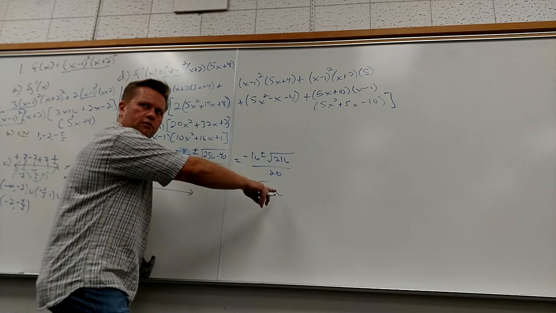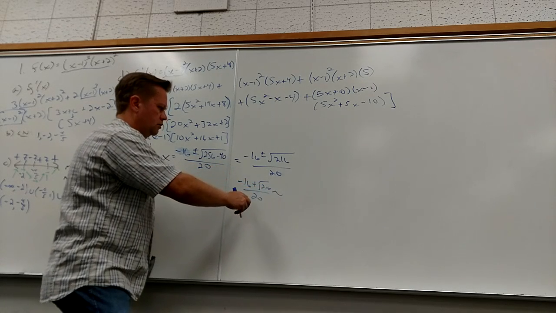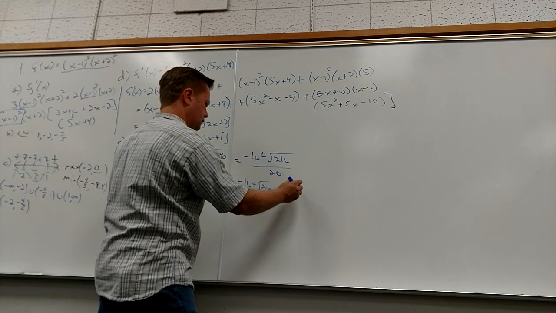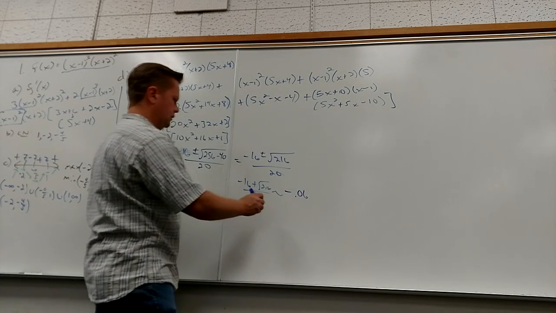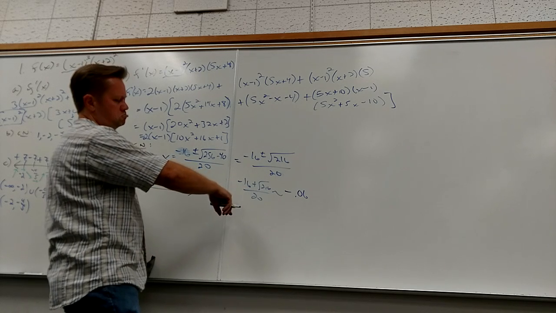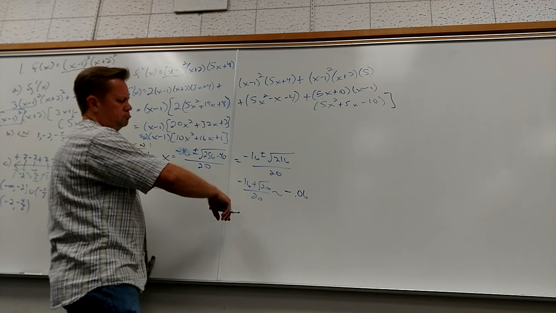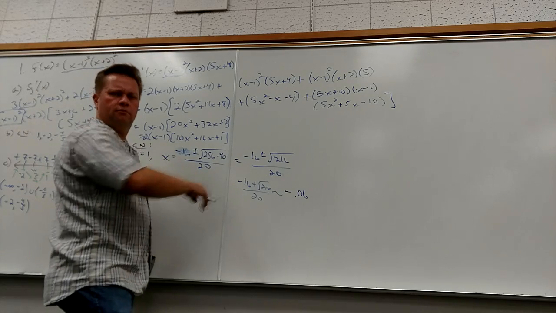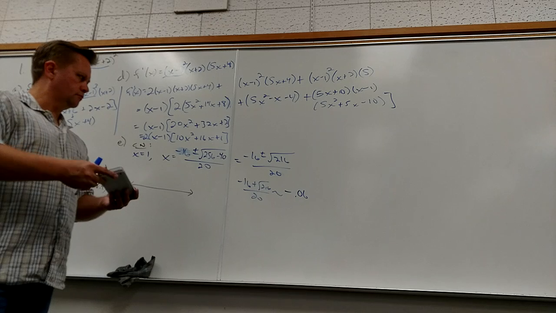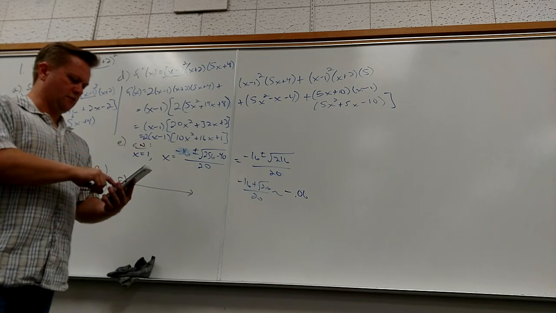What do you guys get? Negative 0.06? Does that make sense? Yeah, roughly. It seems like it should be a little bigger, or that's just a negative 1.5. Pick one of those two.